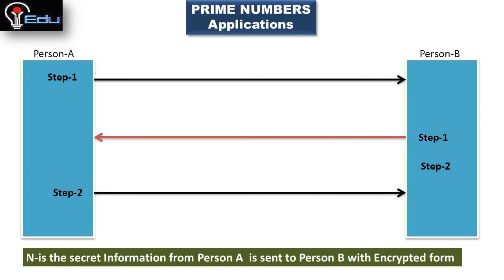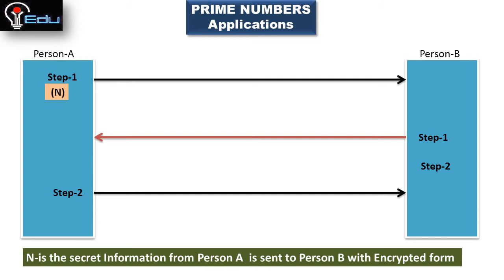Here is a simple animated application regarding secret information. Here two persons are there, person A and person B. Person A wants to send the secret information N to person B. So what is that secret?